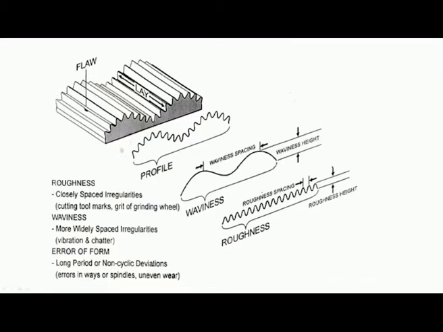Various parameters are combined in this particular shape, which is termed as profile. And here you can see there is a scratch or depression in the surface. This is known as a flaw, and we can also see the direction of tool mark, which is termed as lay.